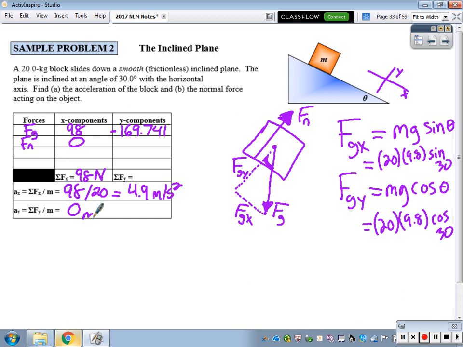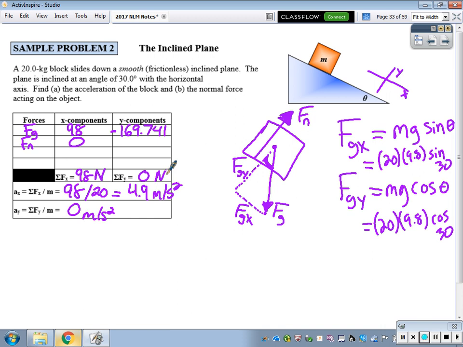That'd be 0 meters per second squared. So let's work our way back from that. If the acceleration has to be 0, what does the net force have to be? Also 0 newtons. Because if this net force on that axis was anything other than 0, we'd have an acceleration along that axis.